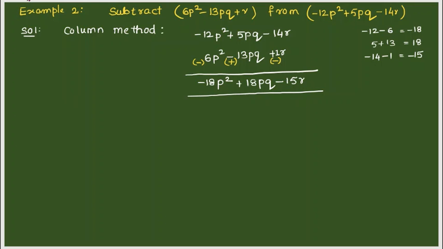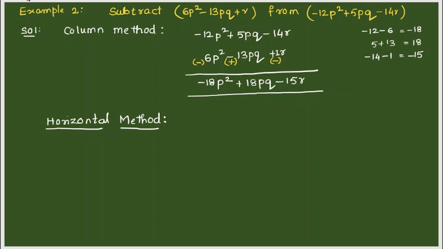Now the same we can do by using the horizontal method. So here I am writing the horizontal method. In the horizontal method, what to do? The algebraic expression we are subtracting, that we write second.